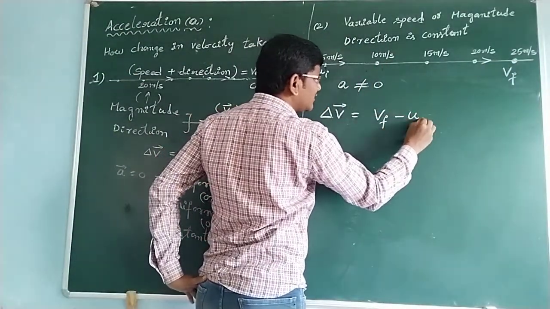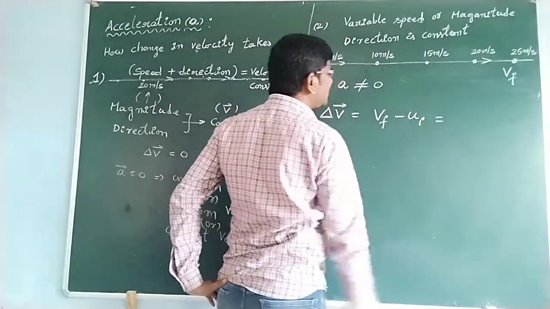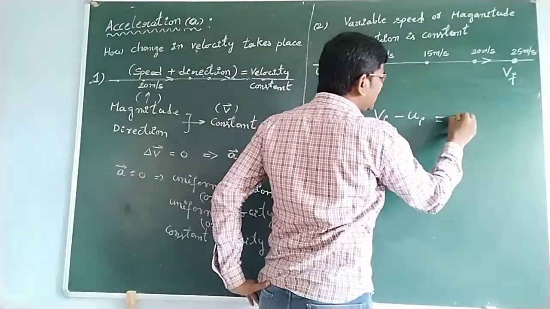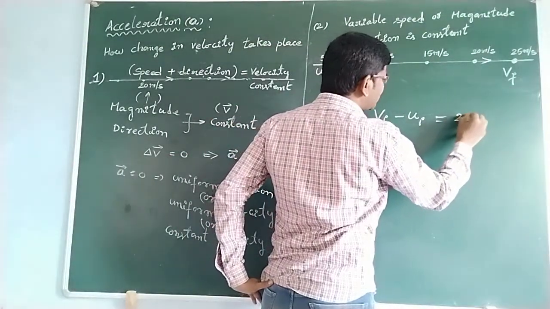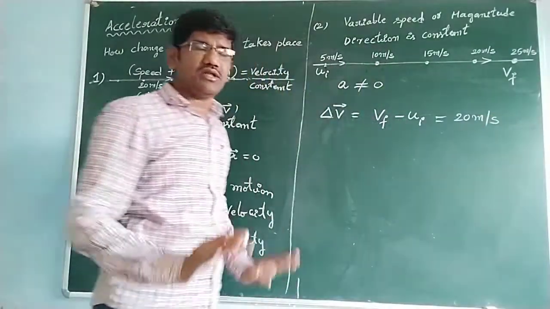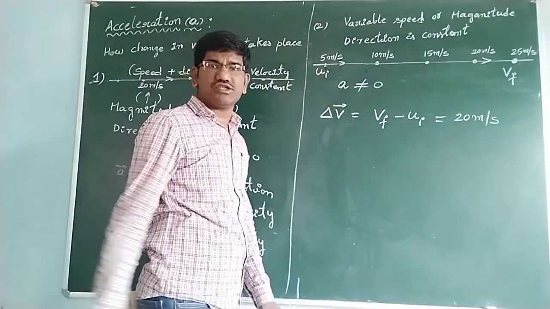It is not equal to 0. 25 minus 5, you will get 20 meters per second. So you are getting a change in velocity, so the acceleration is not equal to 0 in this situation.